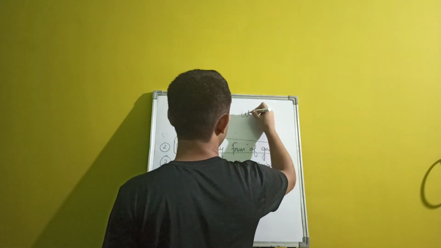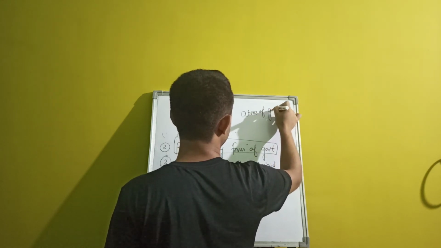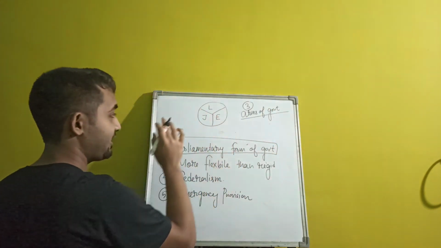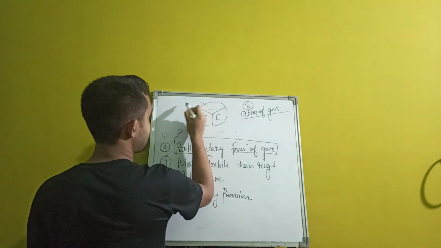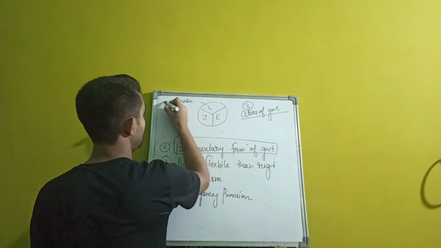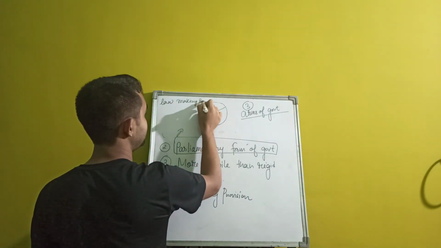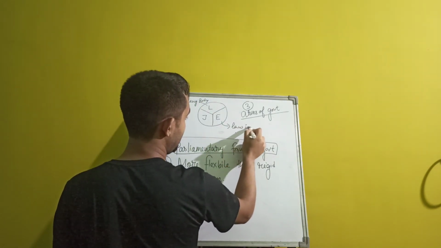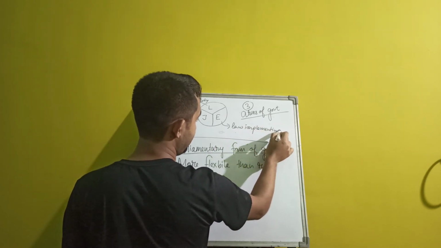All of we know legislature make law, law making body. Executive is law implementing body.